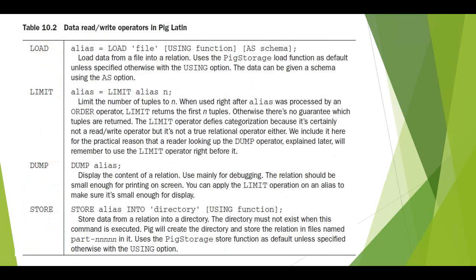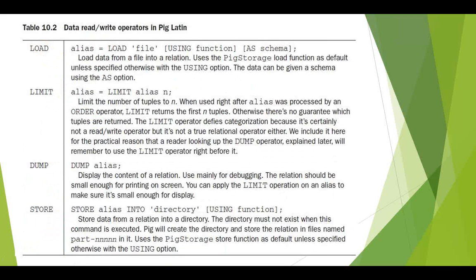Now in pig, first we will see what are the different operators that are available in pig. We have seen some of the data read-write operators, something like load. We have seen dump for printing, load for loading, filter for filtering. Similar to that, we have one operator, that is limit.